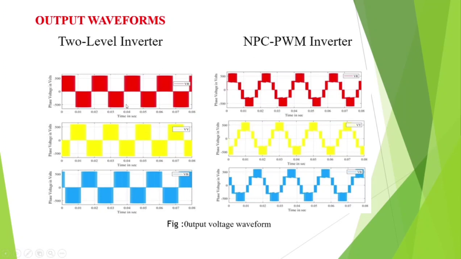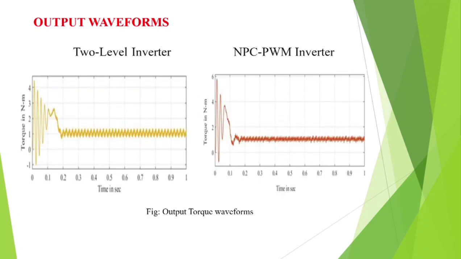Here the 2-level inverter has 2 levels and the multi-level inverter has 3 levels, which means we are bringing the output waveform nearer to the sine wave, which improves the power quality of an inverter. At last, by observing the torque waveform, we can conclude that the total harmonic distortion is reduced in the multi-level inverter, which increases the efficiency of the induction motor compared to the 2-level inverter.